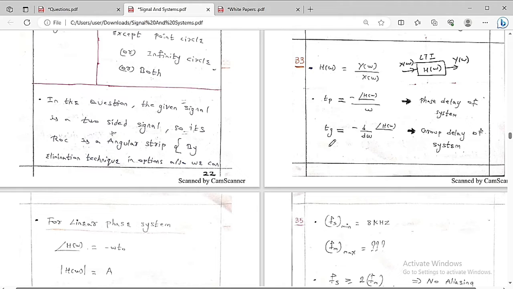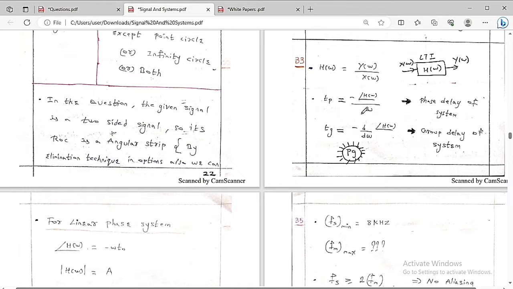The shortcut to remember is PG, post graduation, as I already told you. So TP and TG: TP is called the phase delay of the system and TG is called the group delay of the system. TP is equal to minus the phase angle of H of omega divided by omega, and TG is equal to minus d by d omega of the phase angle of H of omega.